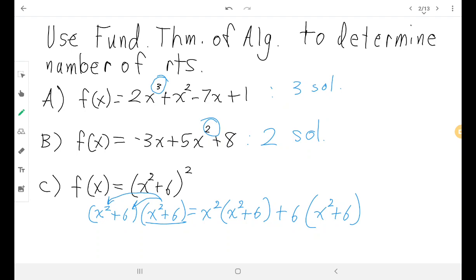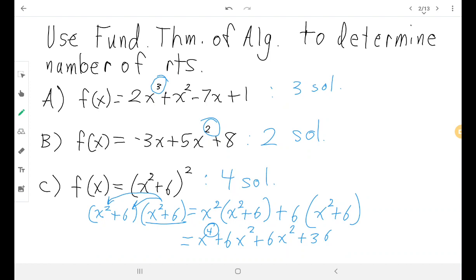This is called distribution. And then I distribute in the more traditional way, and I get x to the 4th plus 6x squared plus 6x squared plus 36. And really all that matters is that there's the degree defining term. So this is going to have 4 solutions, 4 roots, 4 zeros. Okay?